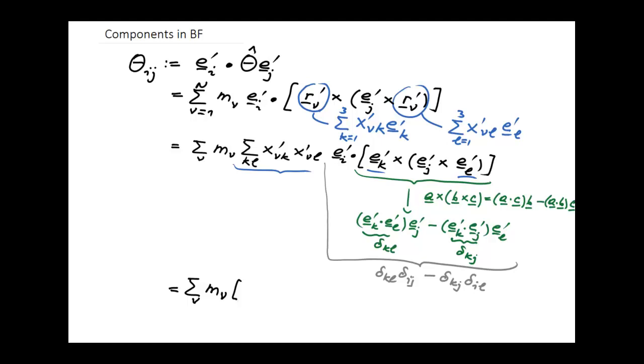And then we have x prime nu k, x prime nu k, summed over all k. This is nothing but the length of the position vector squared. So the first pair of Kronecker deltas simply gives the length of the position vector squared, and there's one Kronecker delta that remains, it's the delta ij.